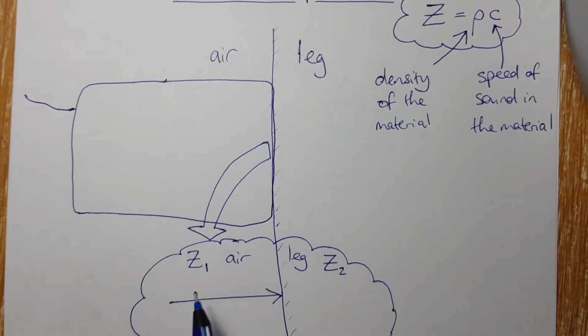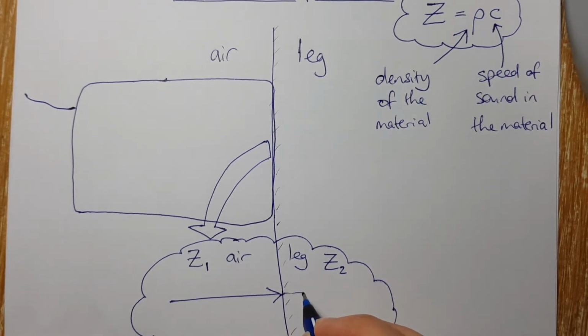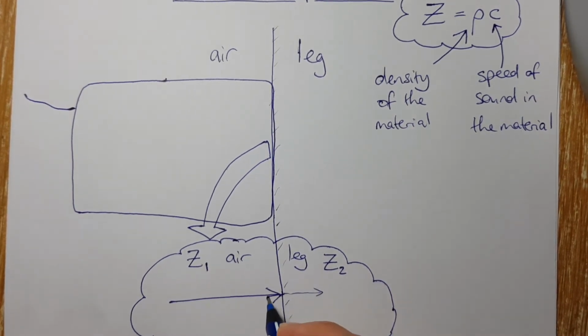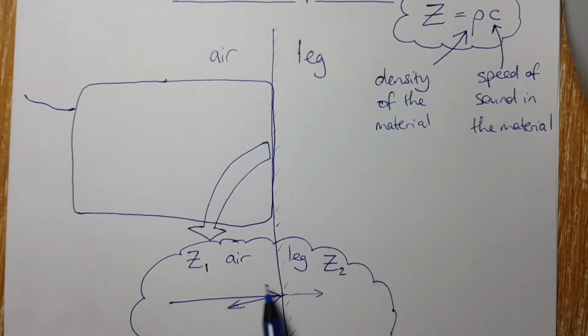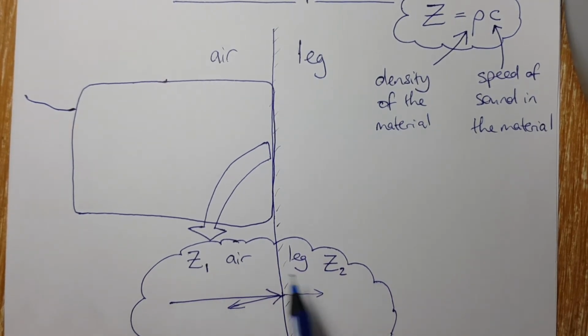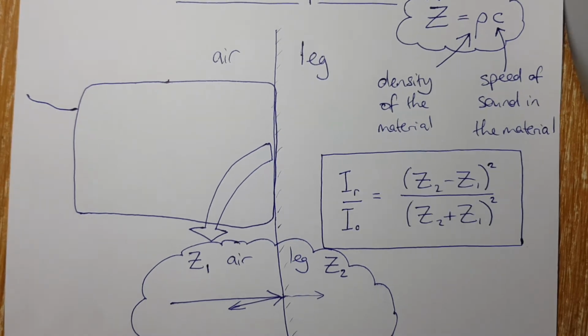Now, when sound passes from one material to another, just like with light passing into a transparent material, some of it's going to keep going into the leg, but some of it's going to be reflected. And how much is reflected depends on these two impedances.